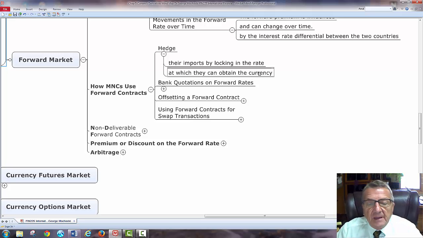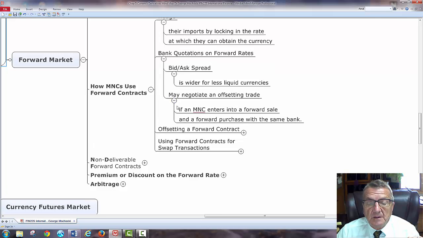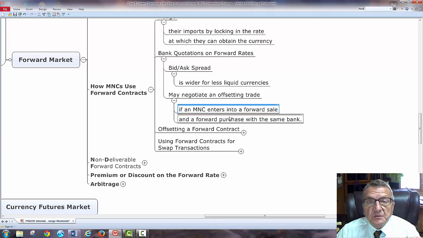Okay. Now, bank quotations on forward rates. The bid and ask spread is wider for less liquid currency. I'm not going to go through this bid and ask; I've already covered it in previous chapters. An MNC may negotiate an offsetting rate if it enters into a forward sale for something in the future and a forward purchase with the same bank.